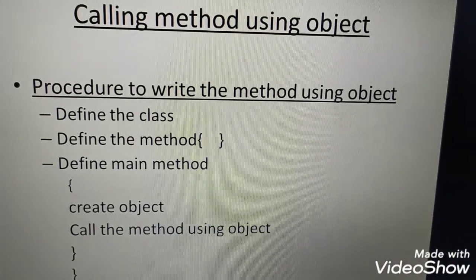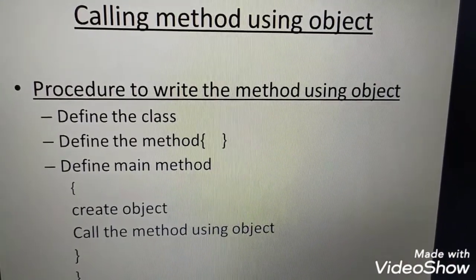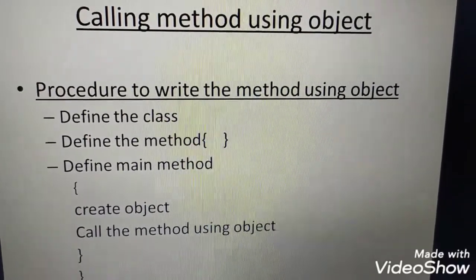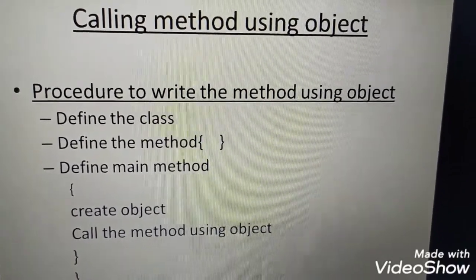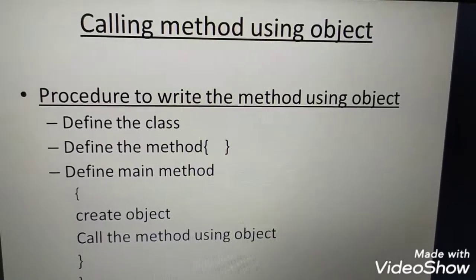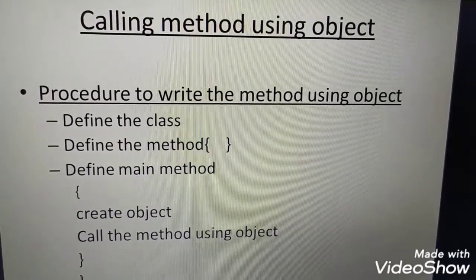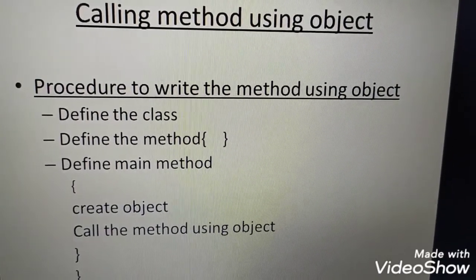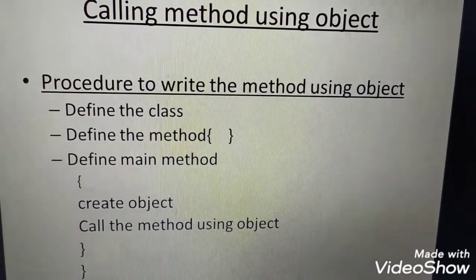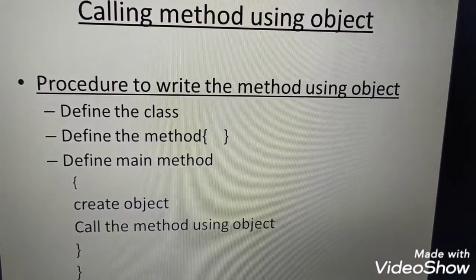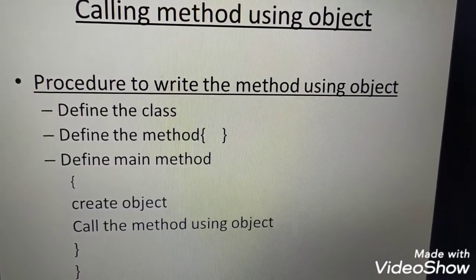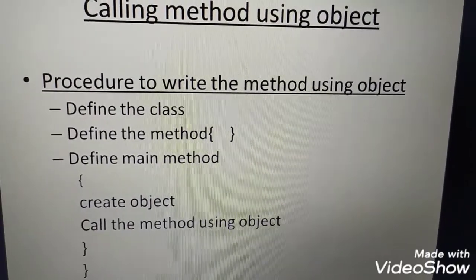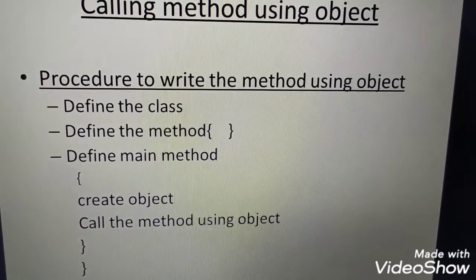Okay. So from an example we will be more clear about the calling and called method, and I am explaining this concept by using an object. So the method is not a static method, because the method is called or invoked with the help of an object. Before going to the example, we must first see the procedure to write the method using an object. First, you have to define the class.